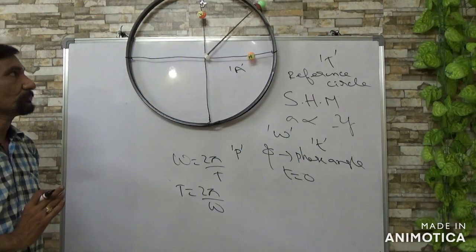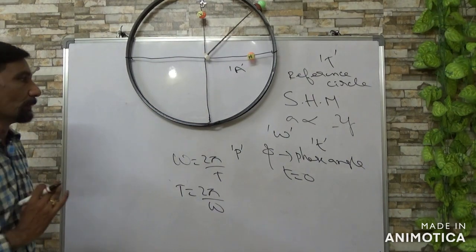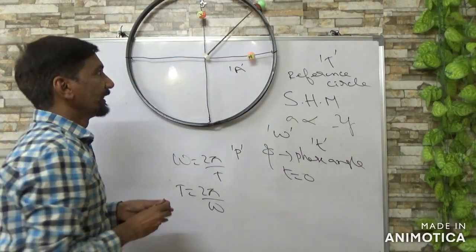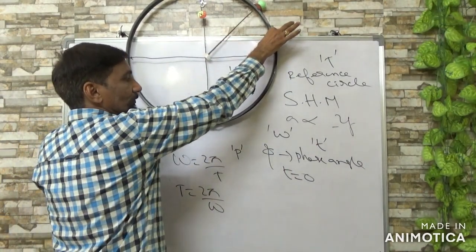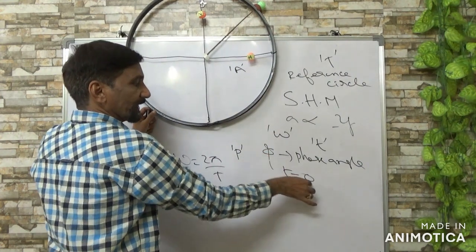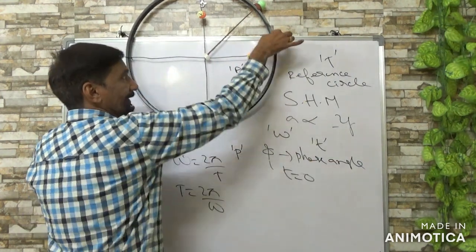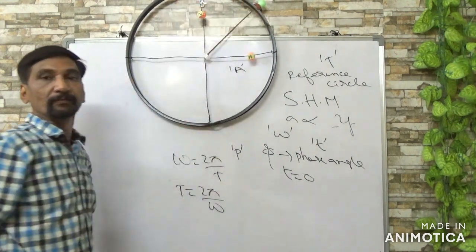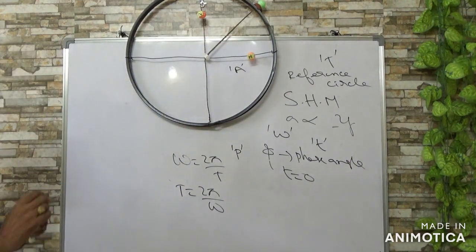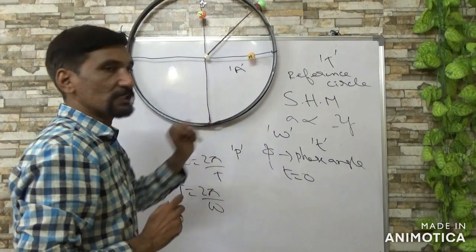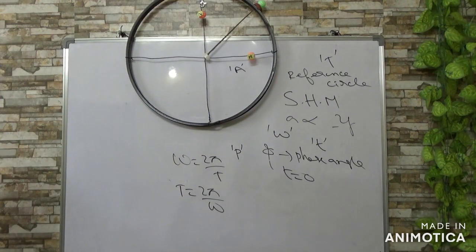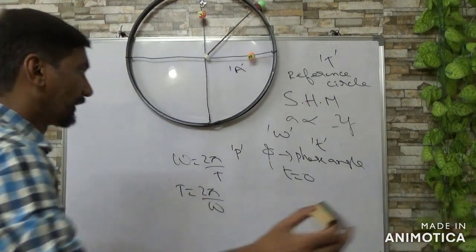Let us assume the particle is at point P. In the beginning it is at some angle phi when t is 0, called the phase angle, and it takes t seconds to reach this point P. Now how to find the displacements when the body executes SHM?